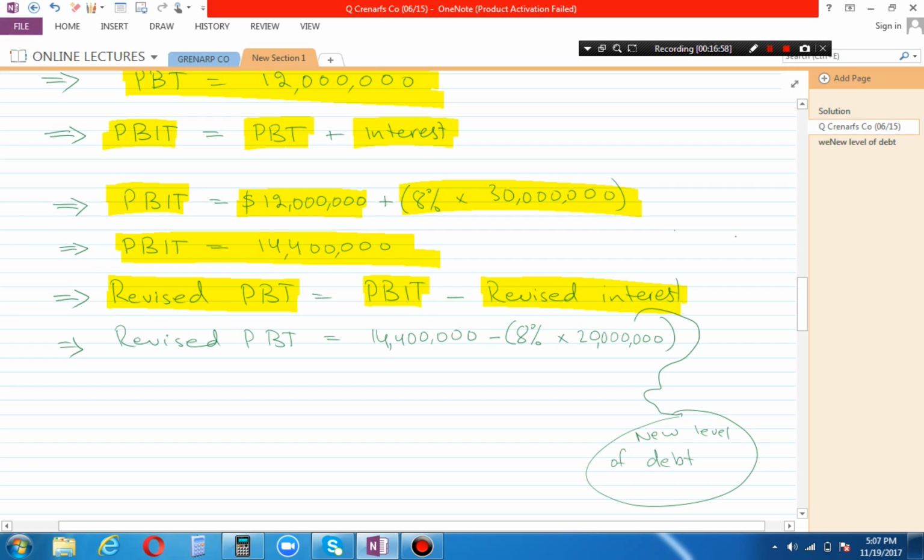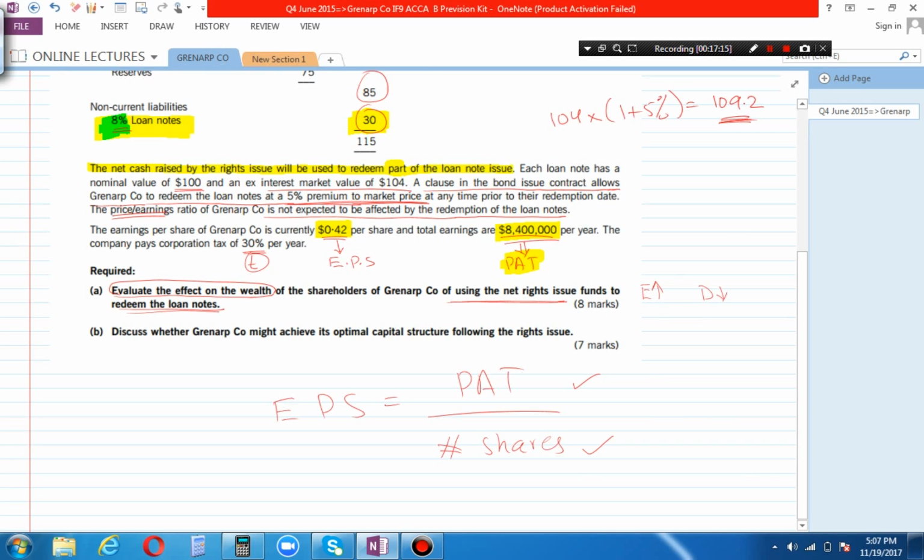Once you have your funds from the rights issue, you will use it to redeem some of the loan note. If you redeem some of the loan note, the debt will decrease. It won't be 30 million anymore. So you have to calculate what would be the new level of debt finance to calculate the new level of interest now.